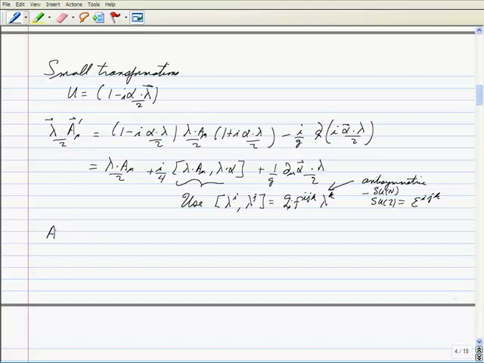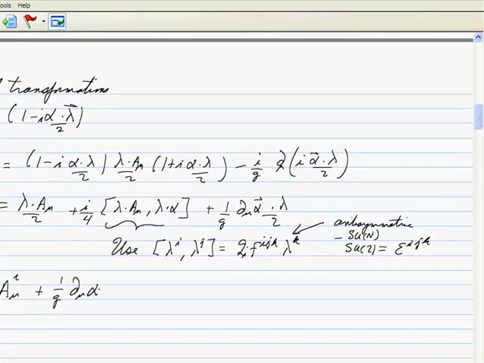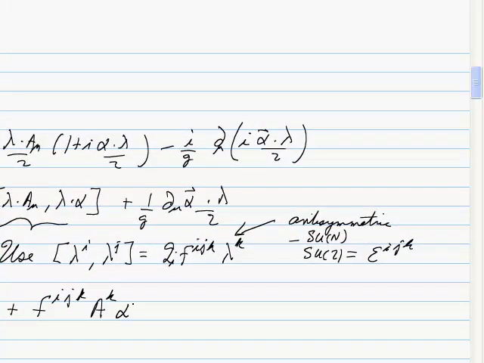A i mu prime is A mu, and here I'll just jump to my notes, so there may be a sign issue somewhere around here, plus 1 over g d mu alpha i plus f_ijk A k alpha j is what I have copied down.